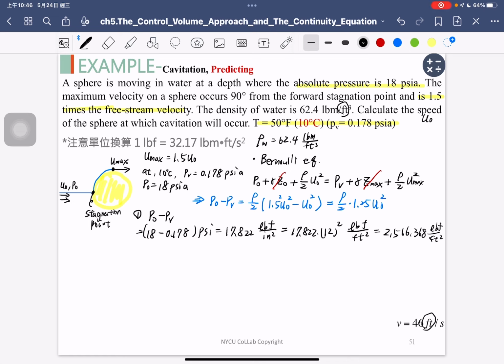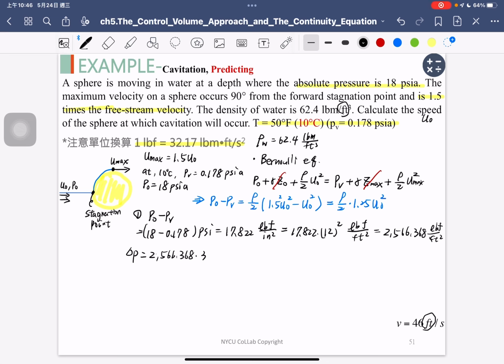And then we also know that 1 pound force will equal 32.17 pound mass multiplied by FT per second square. So we calculate the delta P will equal 2566.368.